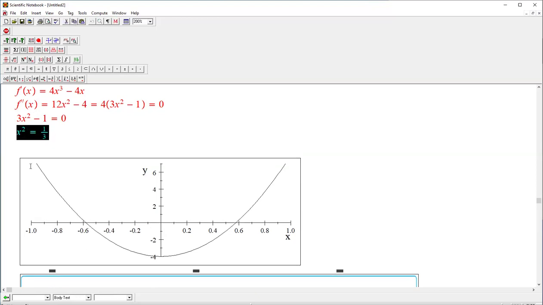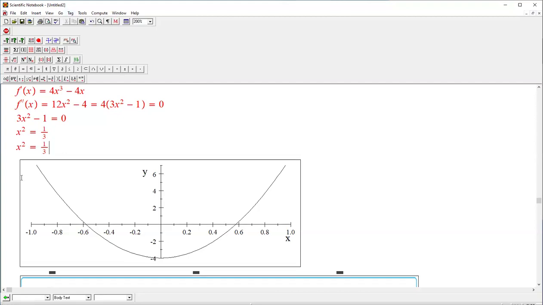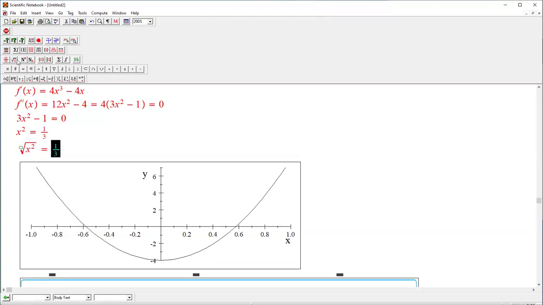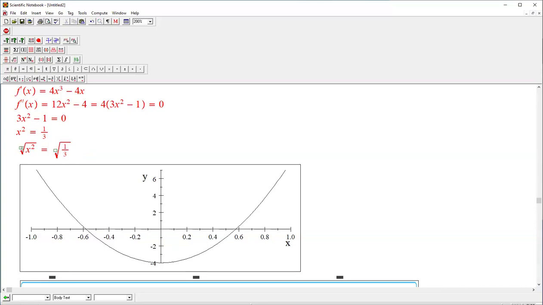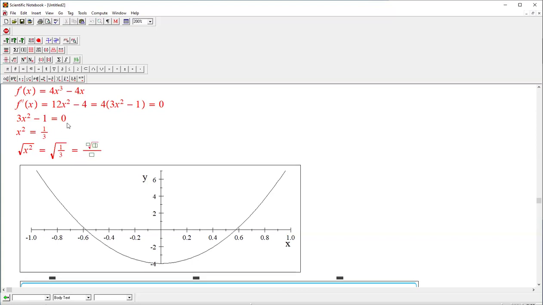So you take the square root on both sides. It's optional if you rationalize it. Here I'm going to rationalize it. If you don't, I didn't take points off.